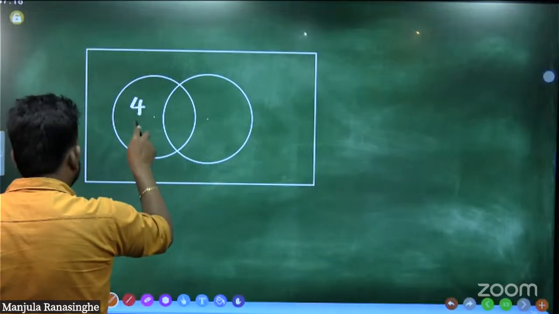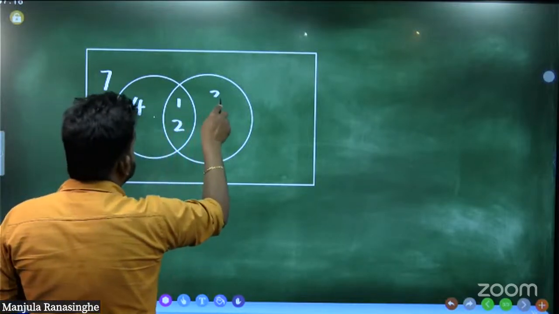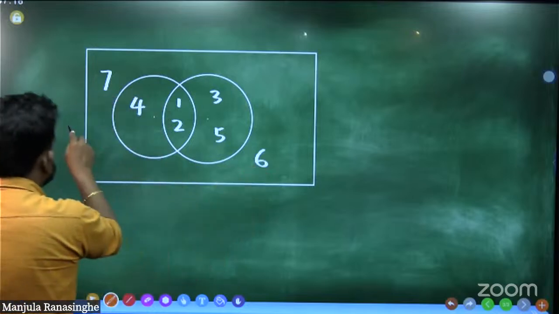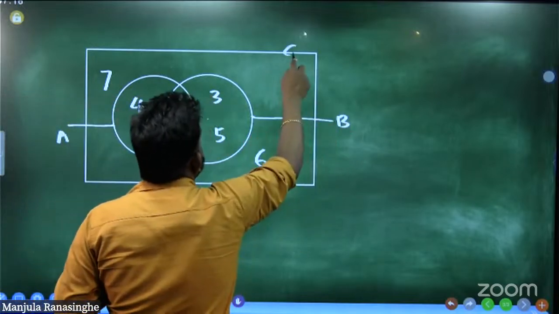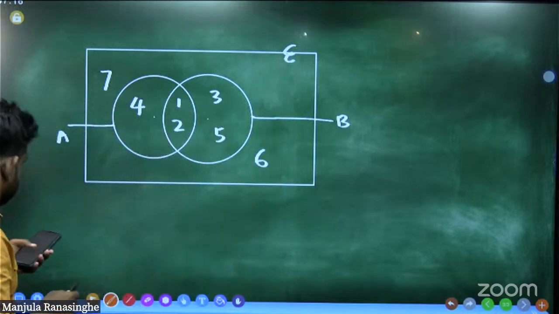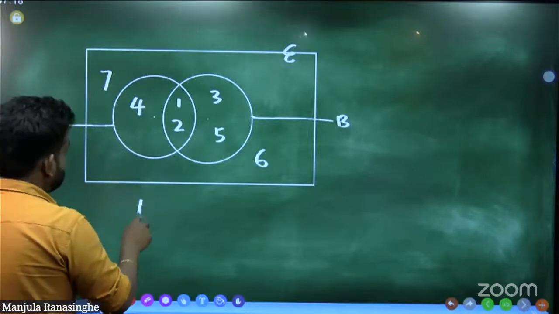And here we have 4, 1, 2, 7, and 3, 5, 6. Here it is marked as A and here it is marked as B. That is the universal set. So they are saying, write down the set A dash intersect B dash.